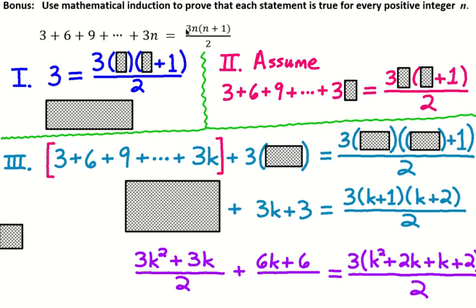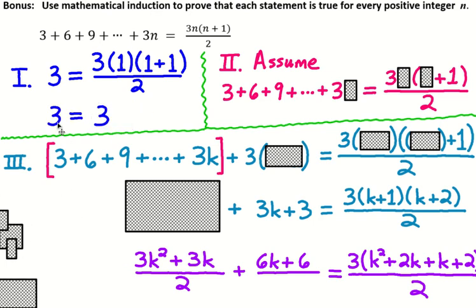And on the right side, essentially we're plugging in 1 for n, which does mean the left side is just 3. On the right side, we're plugging in 1 for n. And when you double check this, 3 does equal 3, so hey, that checks out.